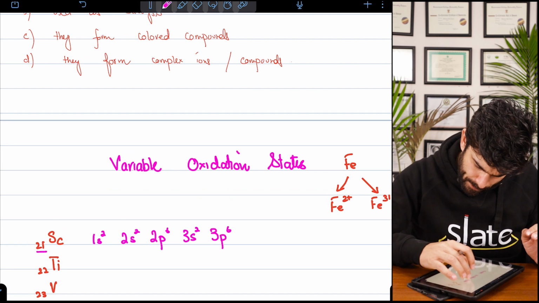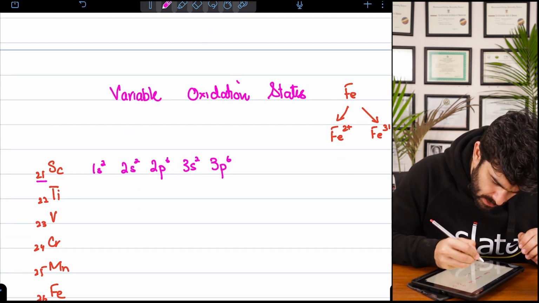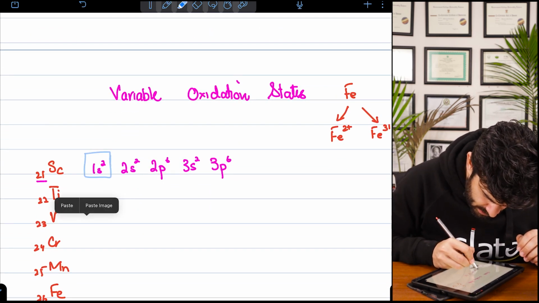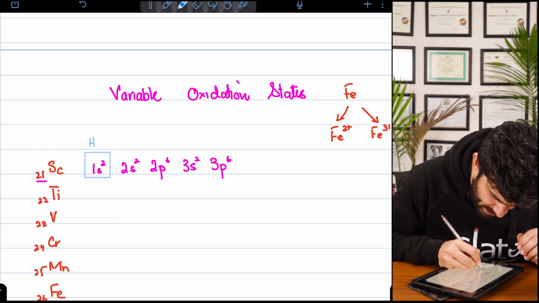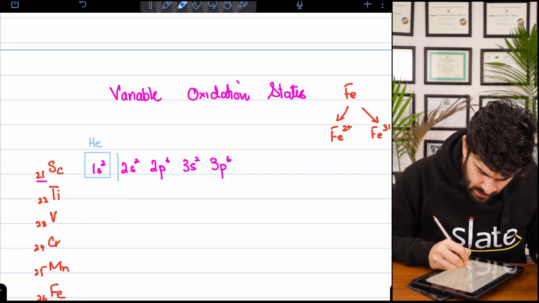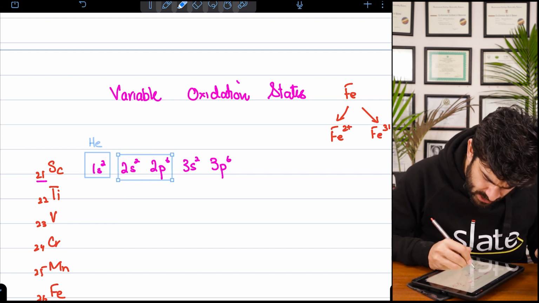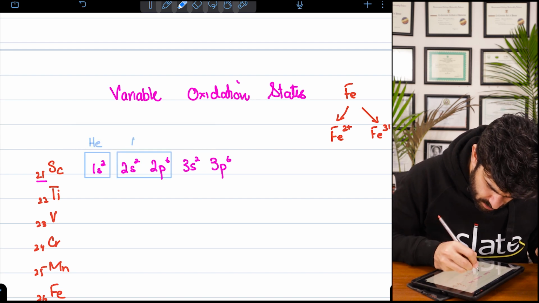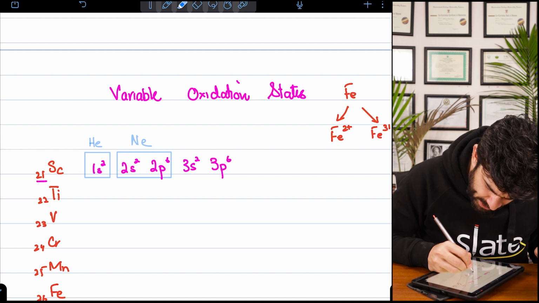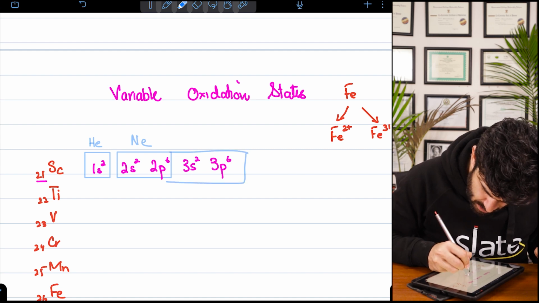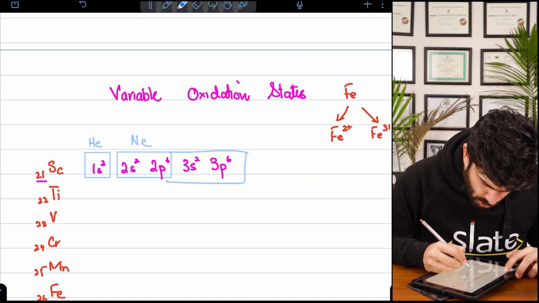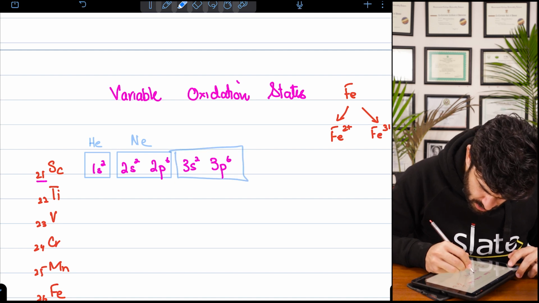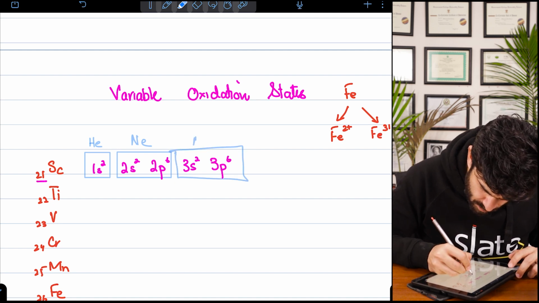And secondly, till this point, we have talked about neon. Until this point, we're talking about argon.